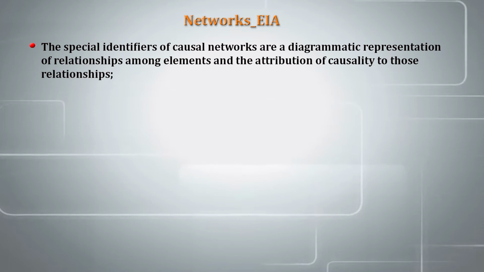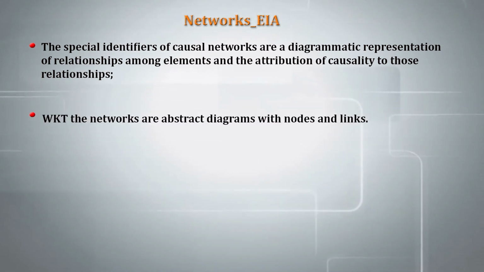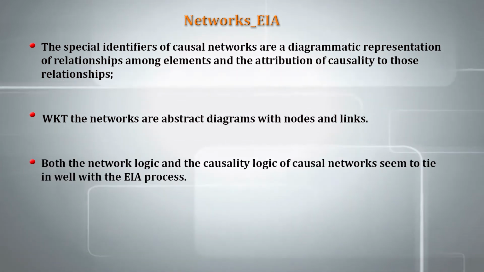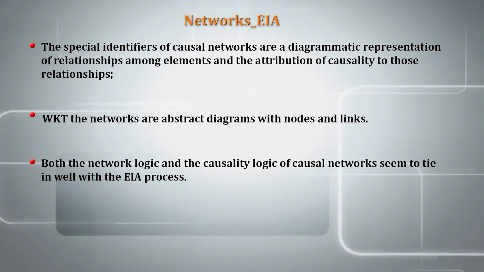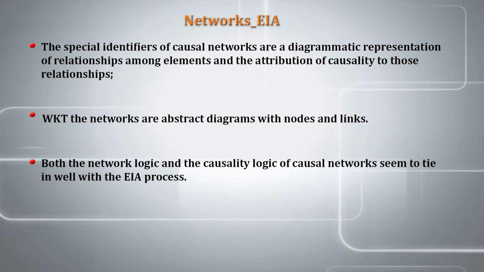These are the basic things. So we know that networks are basically abstract diagrams with nodes and links. Both the network logic and the causality logic of causal networks seem to sync well with the EIA process.